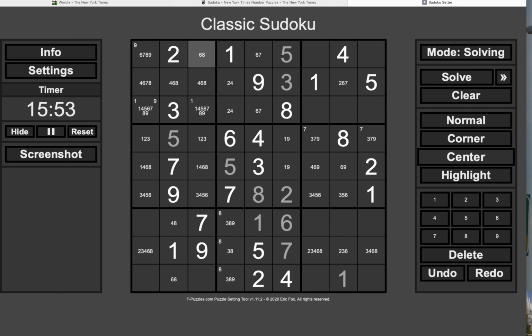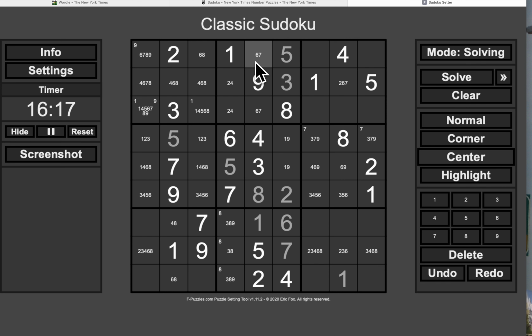This is not 7 or 9. It's already been eliminated. This is not 7 or 9. Well, that's 6 or 8. That's 6 or 7.